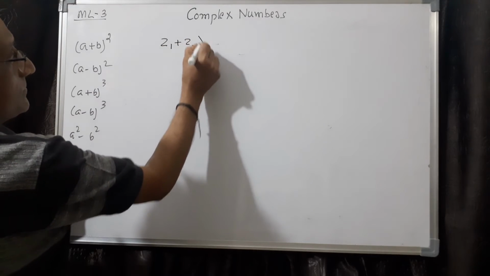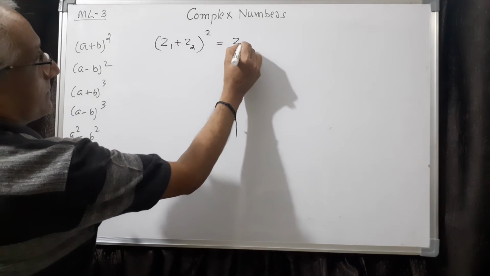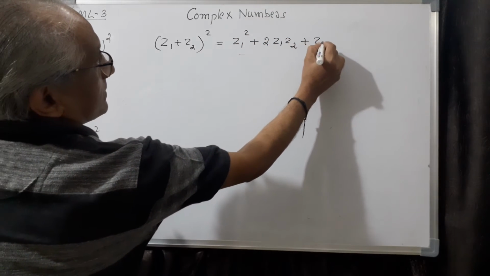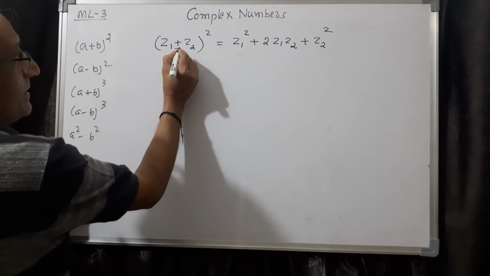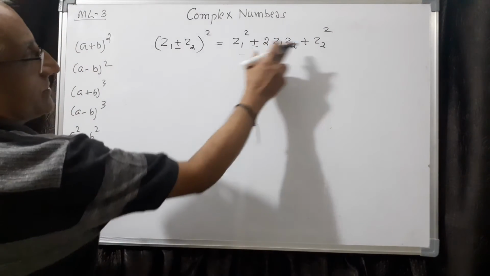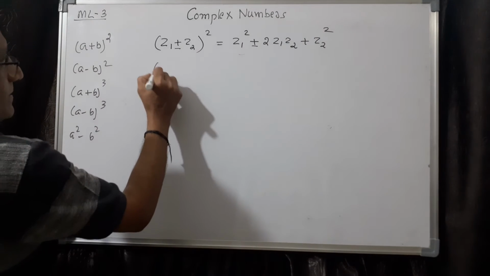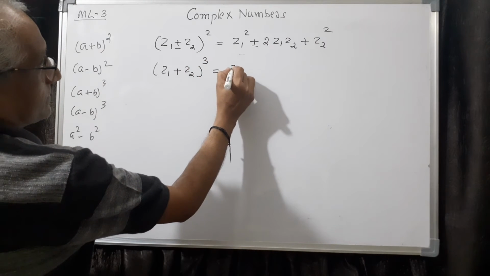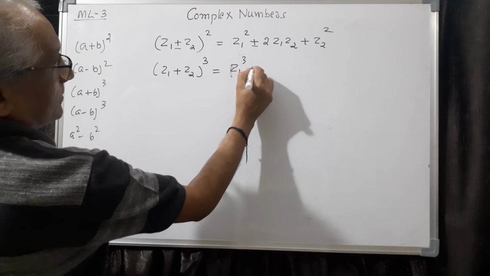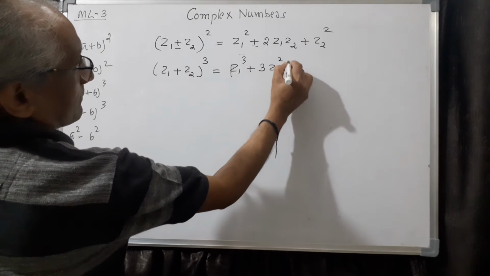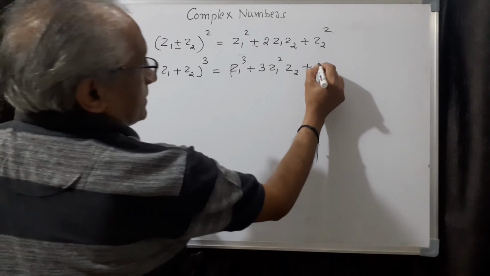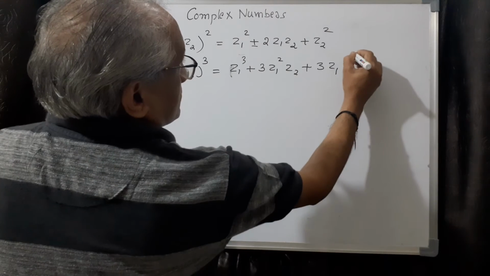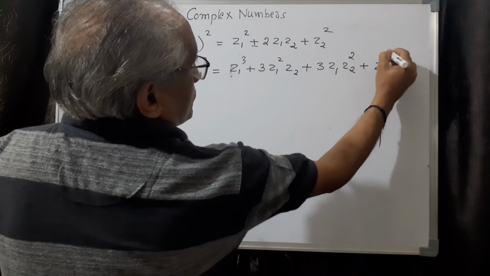(Z1 plus Z2) whole square, we can exactly write Z1 square plus 2 Z1 Z2 plus Z2 square. And if it is minus, definitely here this is minus, so these two will be plus. This you know already. Similarly here (Z1 plus Z2) whole cube, so here it is Z1 cube plus 3 Z1 square Z2 plus 3 Z1 Z2 square plus Z2 cube.